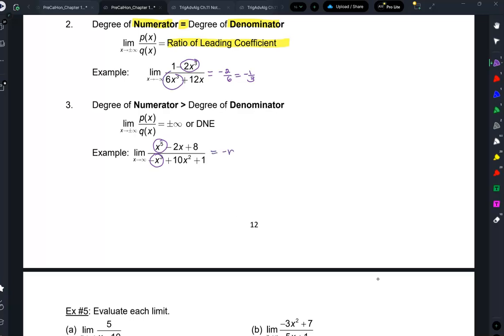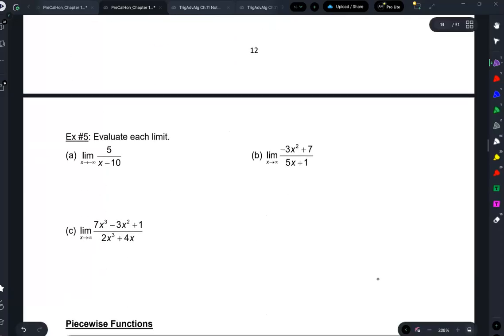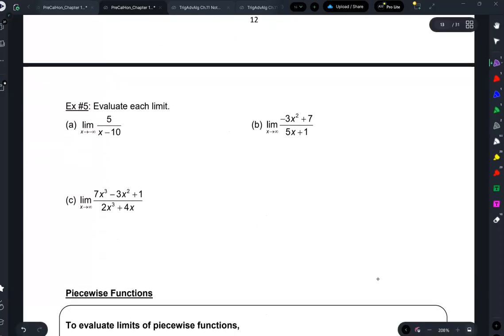Negative infinity. Fabulous. Okay, so what about this one? What do you think? Highest power, leading term over leading term? 0. Leading term over leading term.